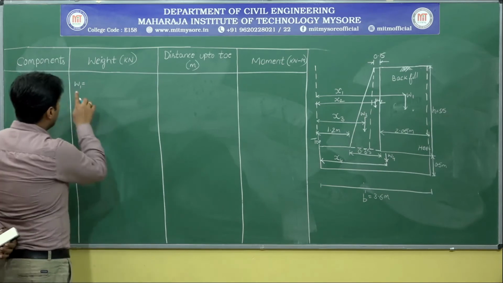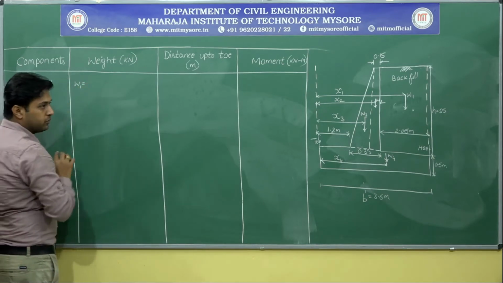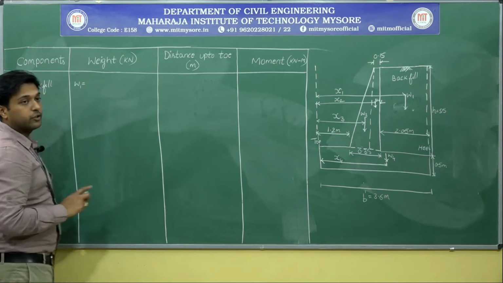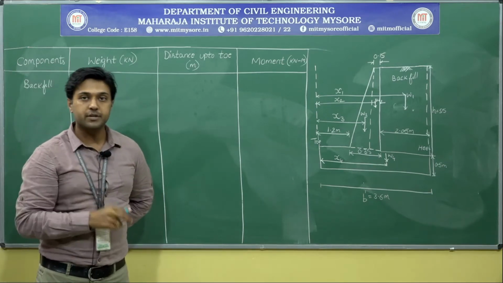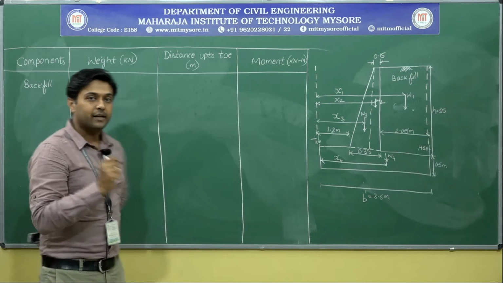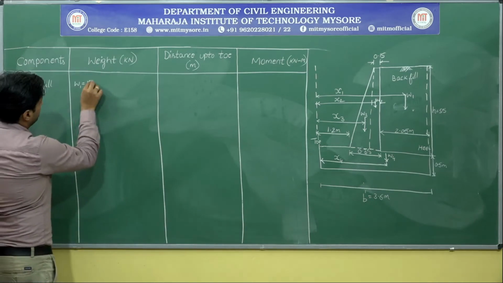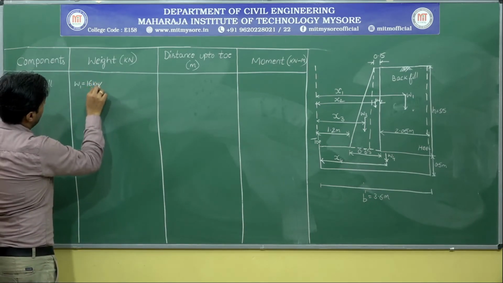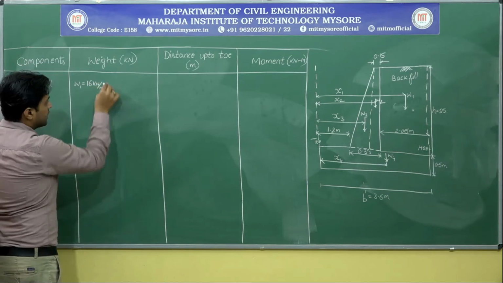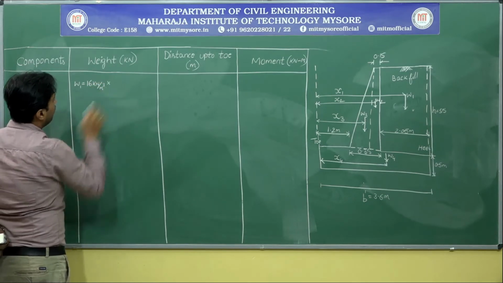Yes or no? So weight means density into volume. What is the density of the soil, or the unit weight of soil, that has been given in the question? It is 16 kilonewton per meter cube. So this is the density into volume.